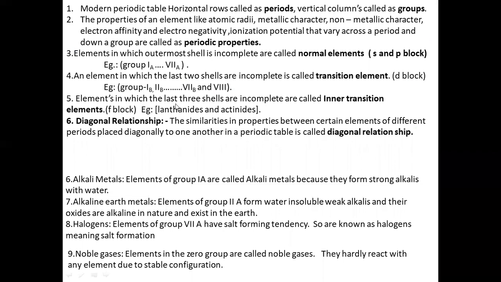Then elements in which the last three shells are incomplete are known as inner transition elements. Here two shells are incomplete, they are D block elements. If three shells are incomplete, that is F block elements. They are lanthanides and actinides, which have been kept at the bottom.